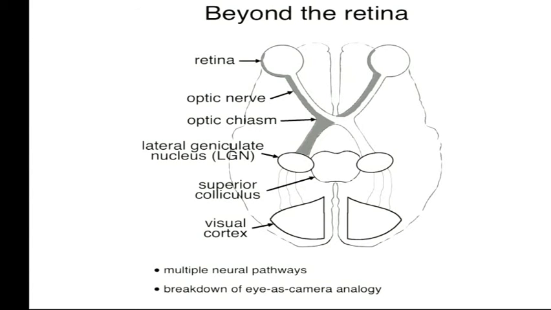But when you get here, that image gets broken apart, and half of it goes to the left hemisphere and half goes to the right hemisphere. So rather than being coded as a unique image, what ends up getting coded in the two hemispheres is the right visual field and the left visual field.